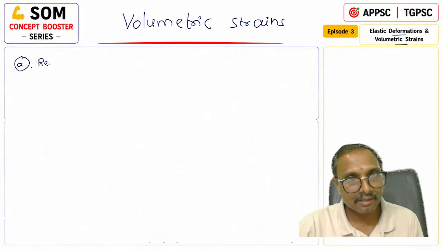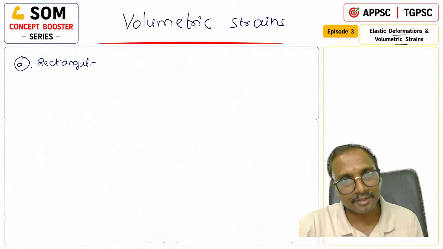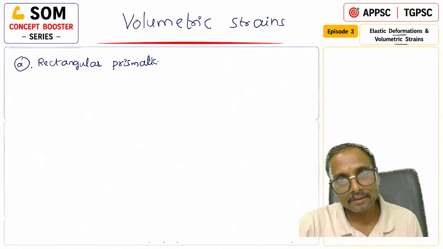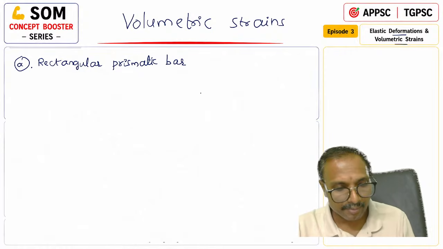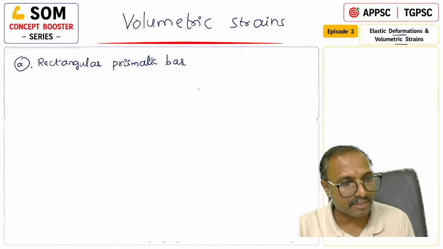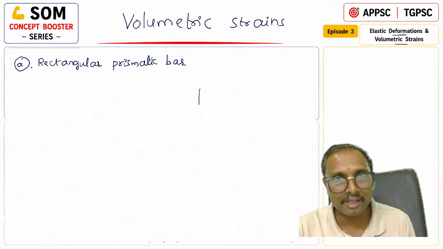Whenever a rectangular prismatic bar is there, we have different dimensions, no? What dimensions does a rectangular prismatic bar have?